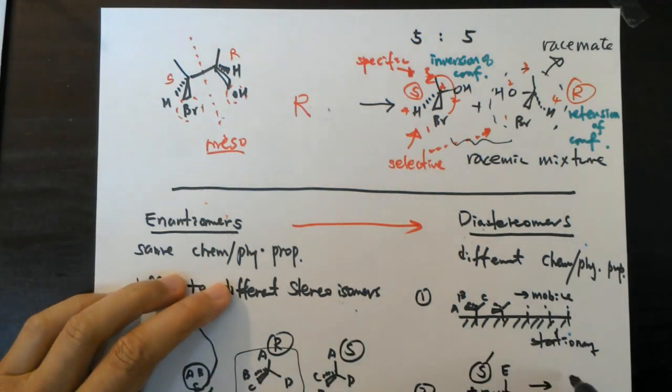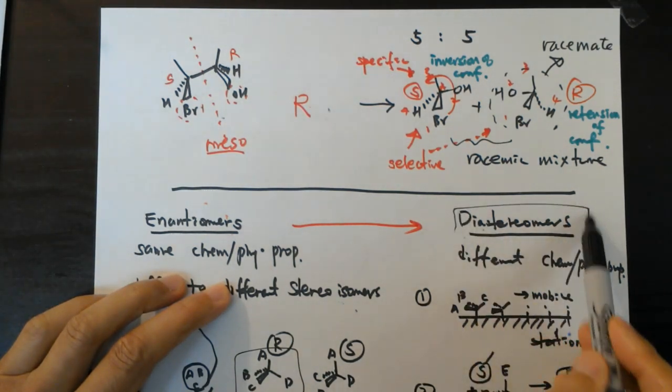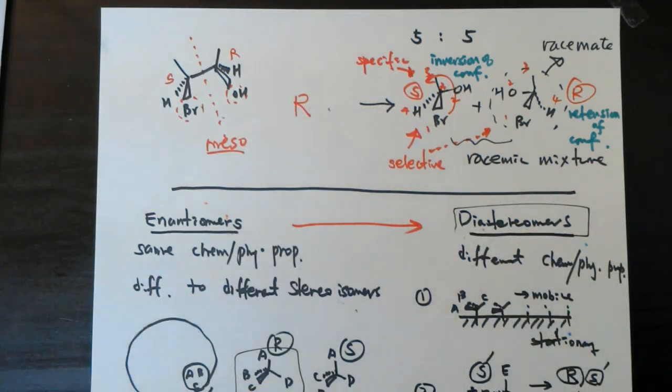If you get the two reactions with R, S prime, or S and the S prime, they are now not mirror images anymore, and they are diastereomers. And diastereomers have different chemical and physical properties, so we get plenty of different ways of detecting them, and also isolating and purifying them.